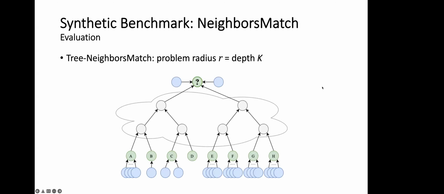The first section of evaluation is the synthetic benchmark, which is the neighbors match problem we have just seen. The neighbors match problem is a contrived problem that they designed to provide an intuition of the extent of the effect of oversquashing.